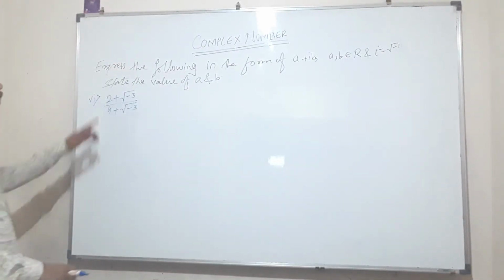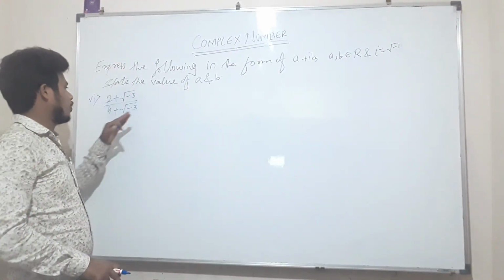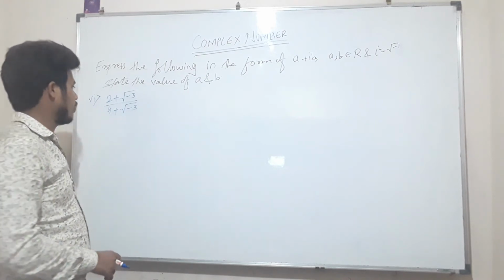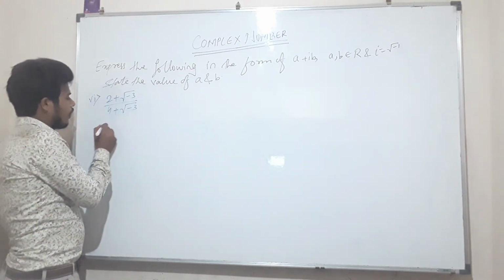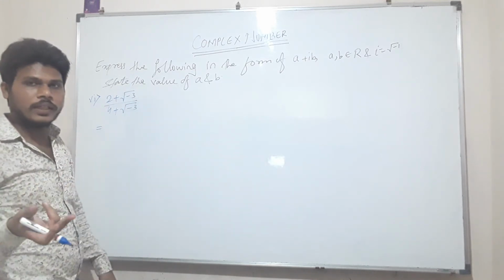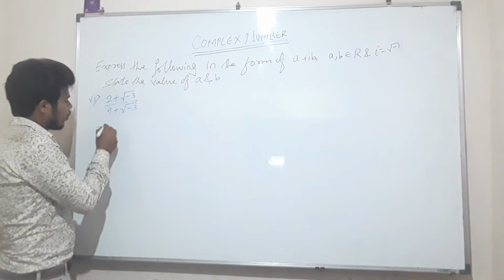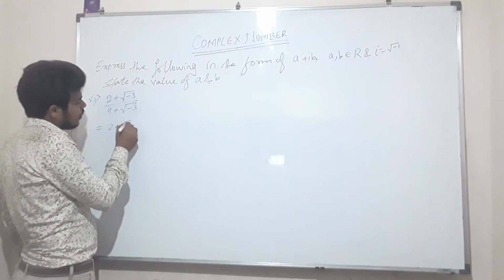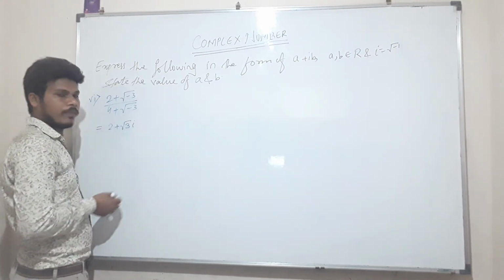Next question. 2 plus square root of minus 3 upon 4 plus square root of minus 3. So first we will change this square root of minus 3 as square root of 3 into square root of minus 1. So we can write it as square root of 3i, right?